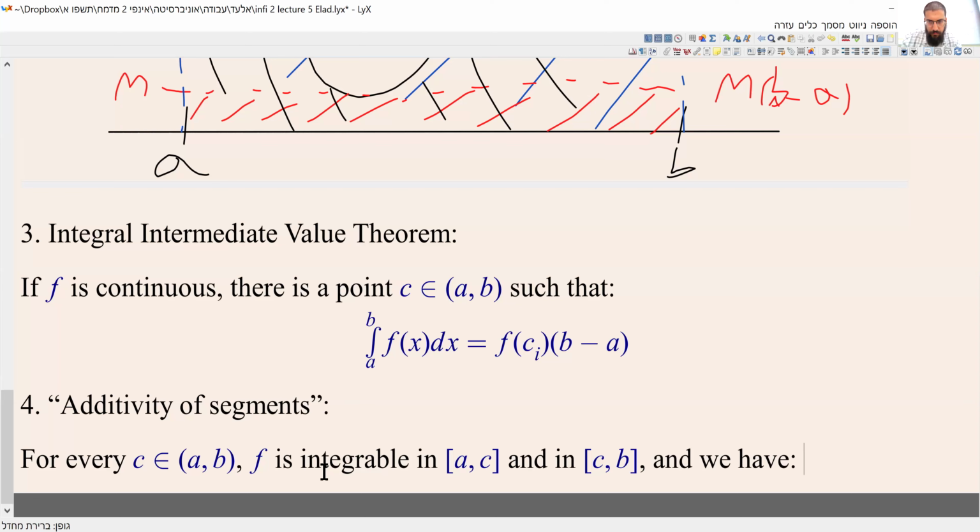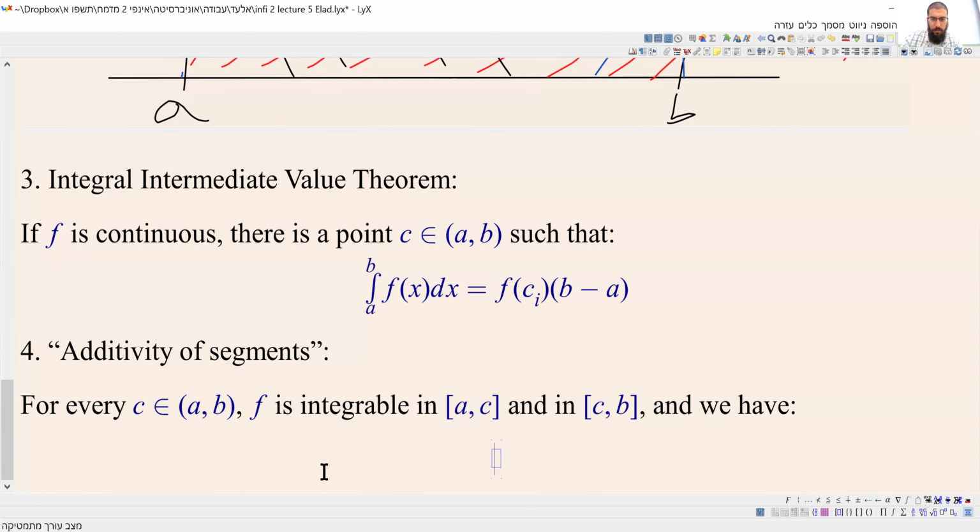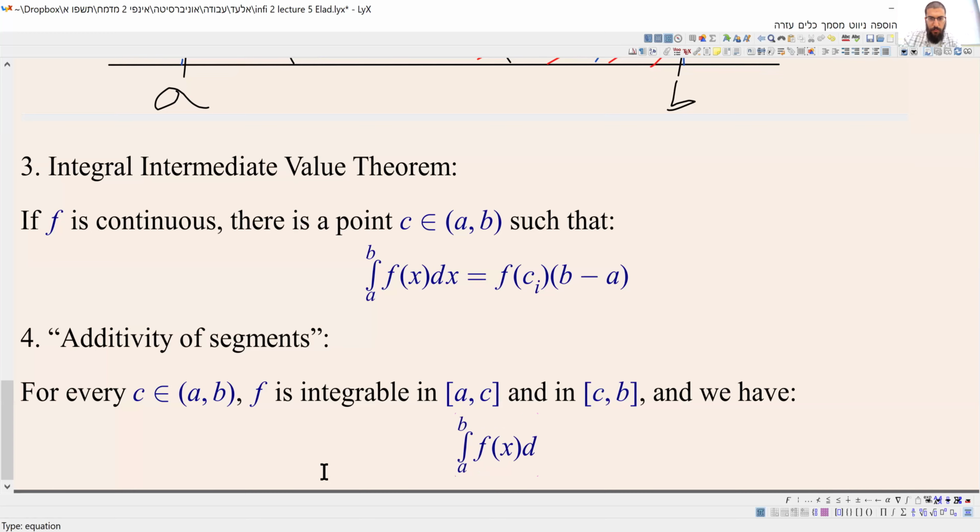And we have that the whole integral from a to b is the sum of the integral from a to c and the integral from c to b. By our definition, it should be a segment, which means b is larger than a, and if we talk about a, c and b, c is larger than a and b is greater than c.